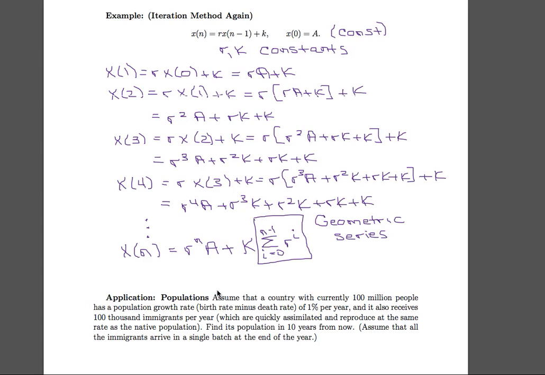So what's useful to note is that as long as r is not equal to 1, then that series turns out to be 1 minus r to the n all over 1 minus r. And it is an n here, even though we're going from 0 to n minus 1. So that's important to note. And then if r is equal to 1, well, let's think about this.